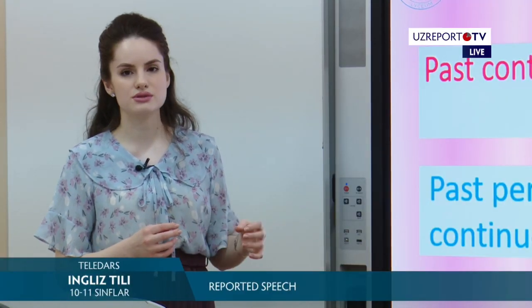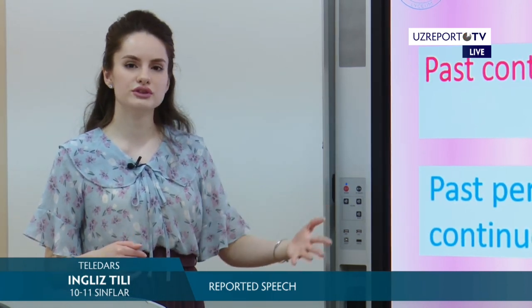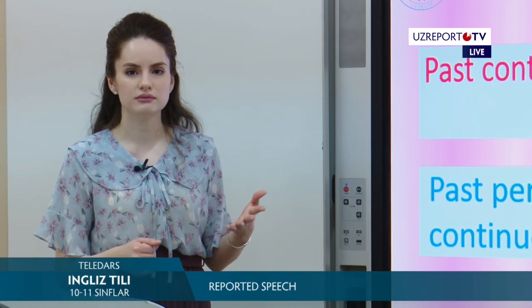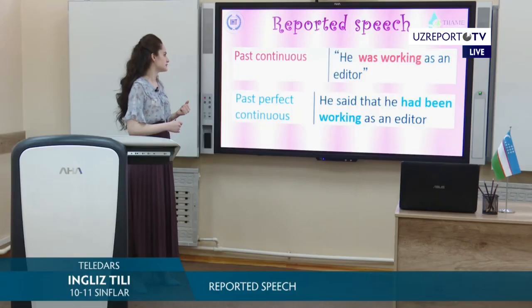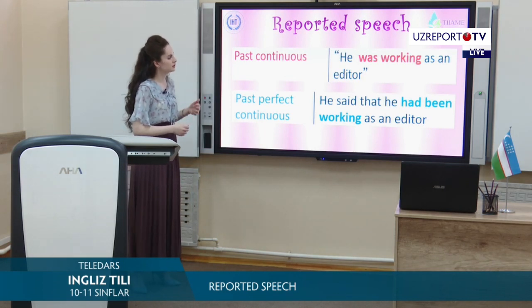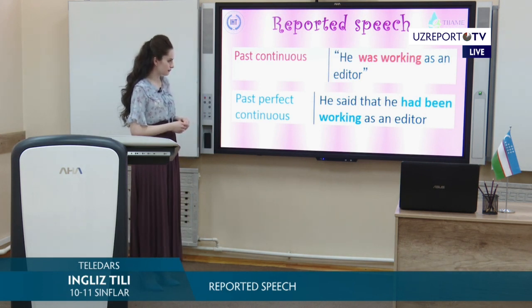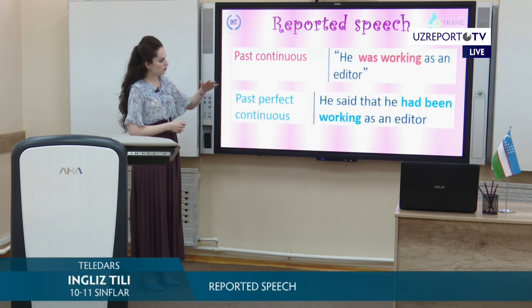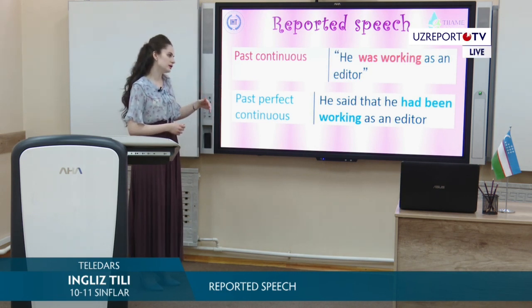For example, months, 2 months, 1 year. So after some period of time, this action will be finished, and that is all. So as you can see, past continuous may be transformed into past perfect continuous tense. You should use all these words, all these auxiliaries, because if you will exclude them, it will be a mistake.